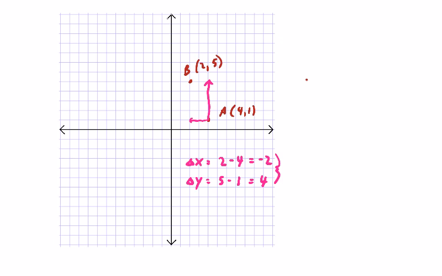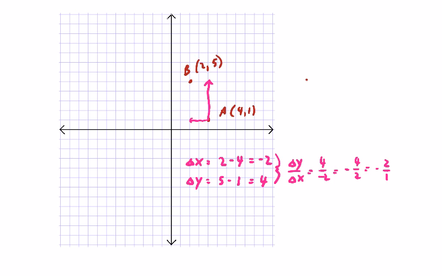So the ratio delta y over delta x, the rise over the run, would be 4 to -2. Sometimes we'll write the negative sign out front. We could say that's a -4 to 2 ratio, or, if we want to simplify that, a -2 to 1 ratio in terms of the rise to the run.